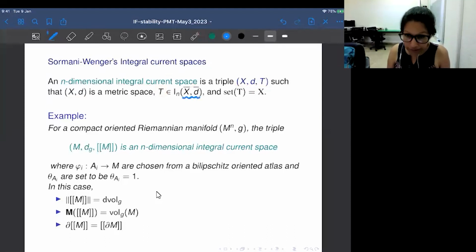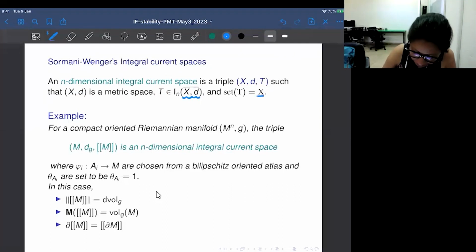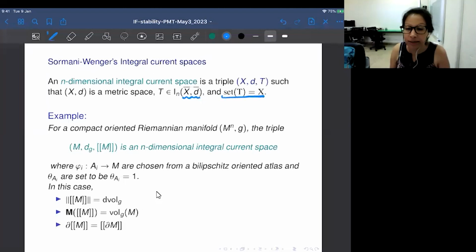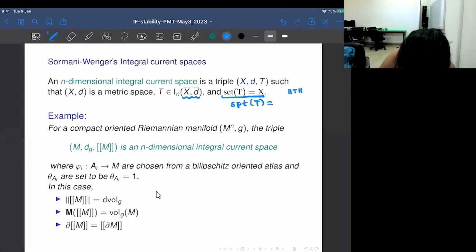So it's an integral current there, and the relationship between X and T should be the following one. Here set T is just the points in X bar whose lower density with respect to this measure is positive. So basically just think that the support of T is what equals X. That's one way of saying this.